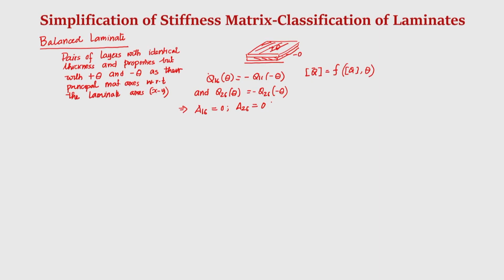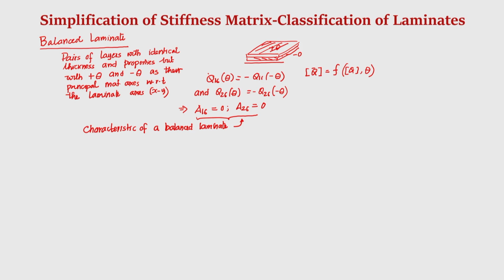So, this is the characteristic of a balanced laminate. That means, in-plane shear extension coupling is eliminated.